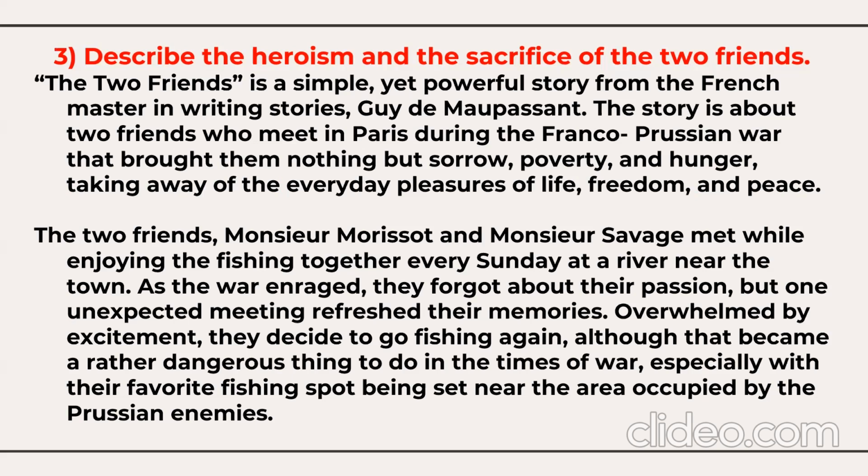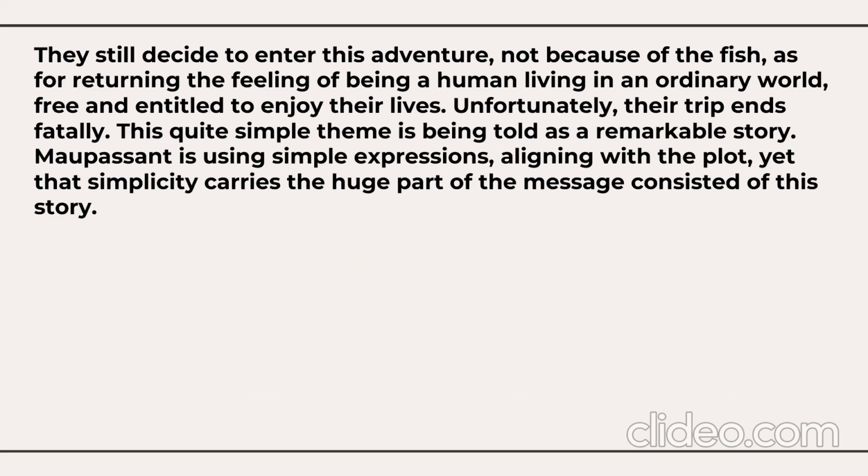Overwhelmed by excitement, they decide to go fishing again, although that became rather a dangerous thing to do in the time of war, especially with their favorite fishing spot being very near the area occupied by the Prussian enemies. So they still decide to enter the adventure, not because of the fish, but because they are going back to the same place where they had spent a lot of time.